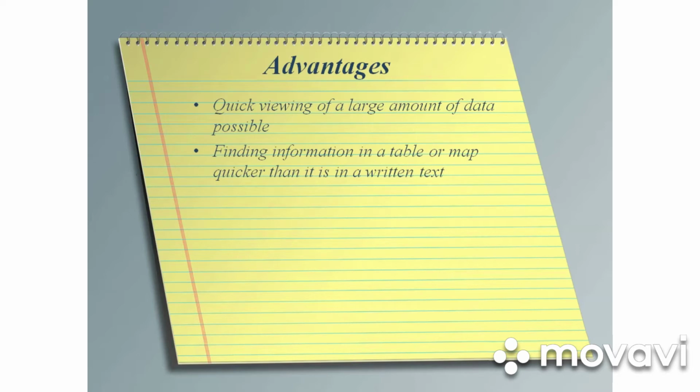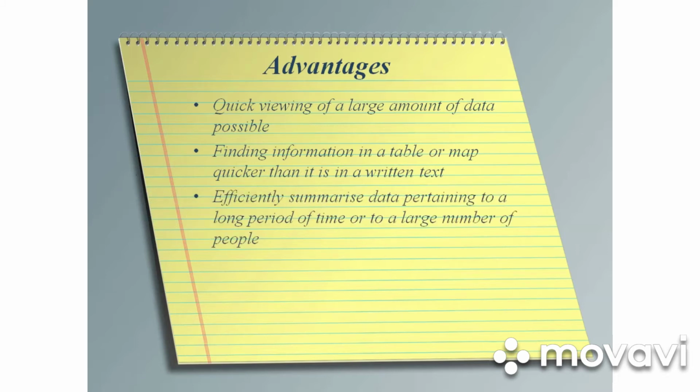Advantages of information transfer. It gives an opportunity for quick viewing of a large amount of data in less time, finding information in a table or map quicker than in a written text, and efficiently summarizing the data pertaining to a long period of time or to a large number of people.